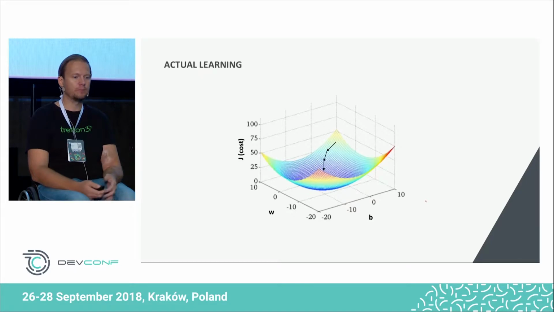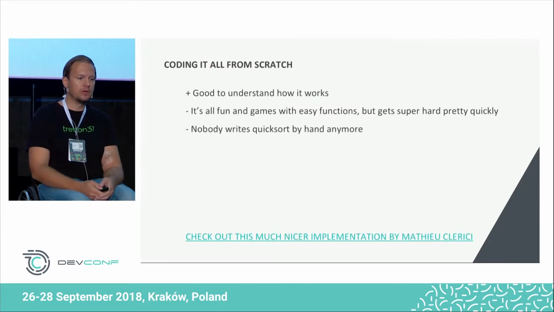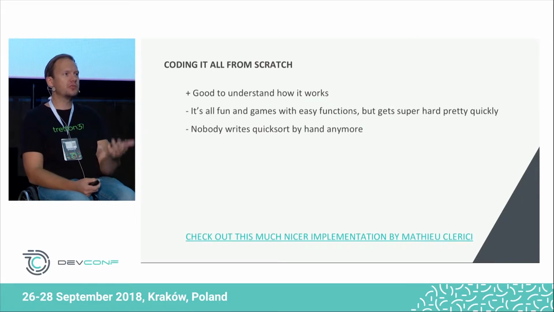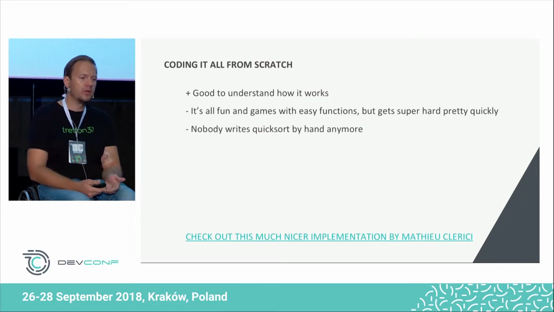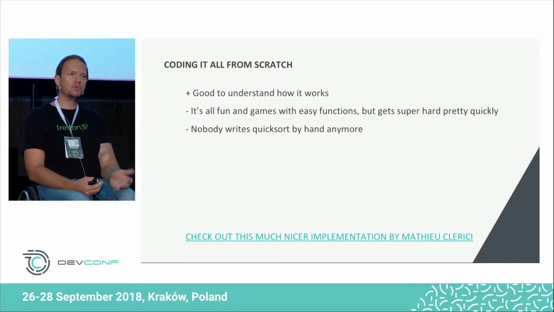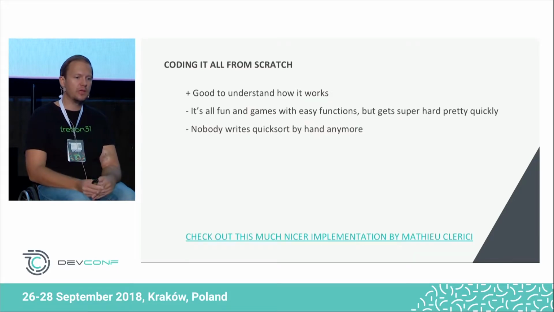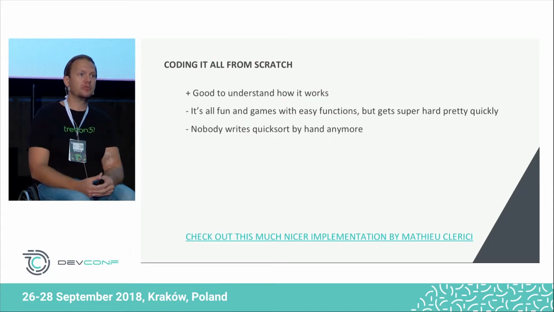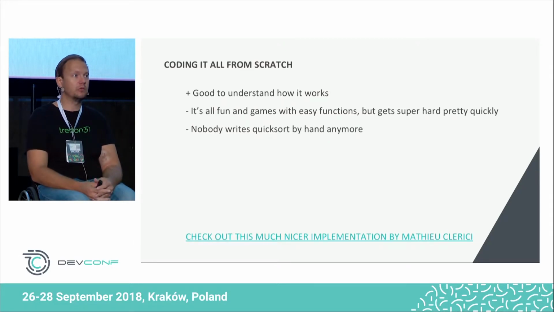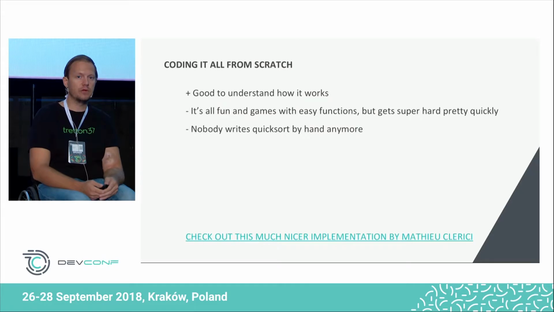So as I said, it's a good way to understand how things work, and it's always a good exercise to implement things by hand. But it's not really useful and practical for bigger models. And I like to use the analogy that probably none of you write quicksort by hand anymore to make it more optimal. You just use a library that's ready there to do it. You probably wrote one last time at university to learn how it works, but you don't do it every day.